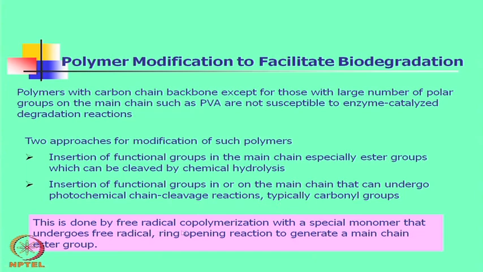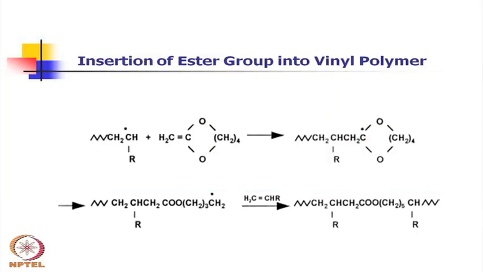This is done by free radical copolymerization with a special monomer that undergoes free radical ring opening reaction to generate a main chain ester group. So, there is a possibility of converting non-degradable hydrocarbon type polymers into polymers degradable by microorganisms through chemical modification on their surface.